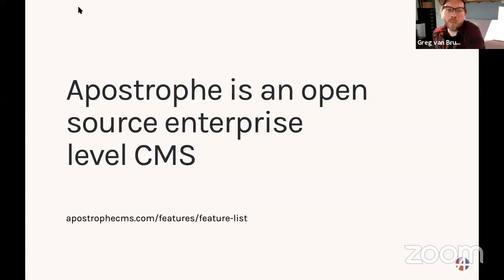Real loosely defined, Apostrophe is an open source enterprise-level CMS. It's powered by Node. It stores data with MongoDB. It uses the Express web framework and renders templates with the Nunjucks templating language. Main features are in-context editing, a built-in image and file library, and extensible content types, which are called pieces in Apostrophe.